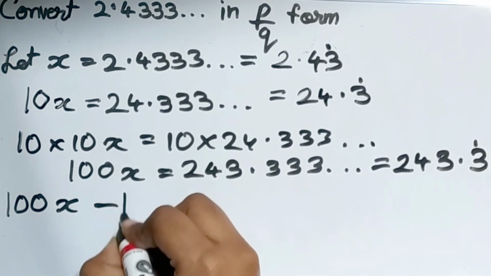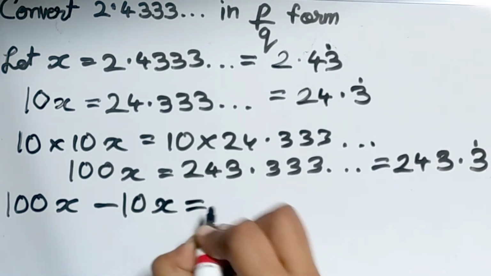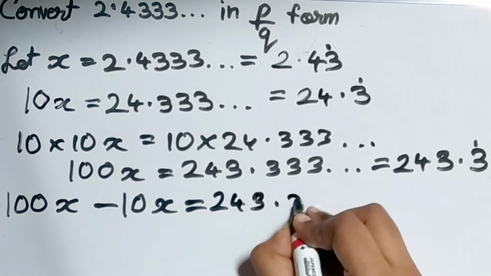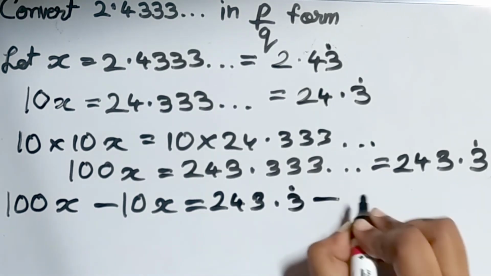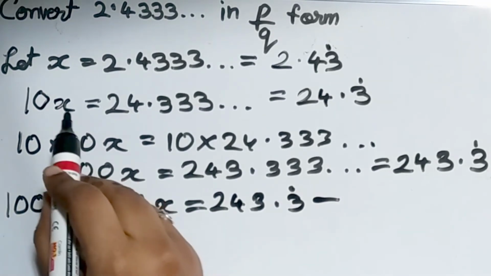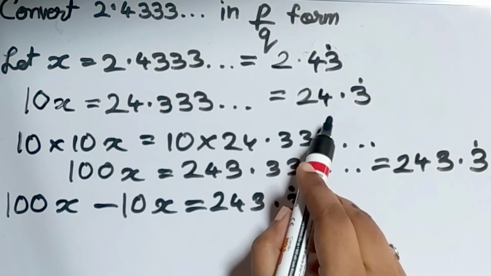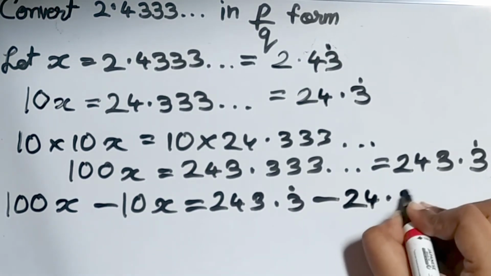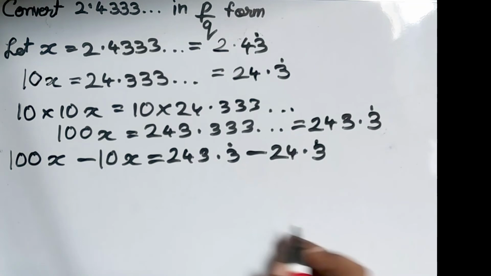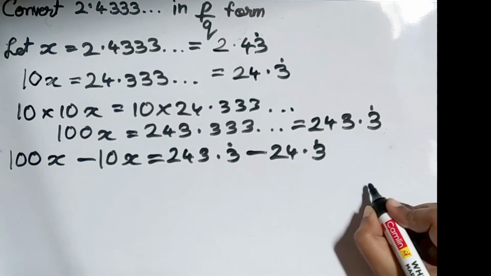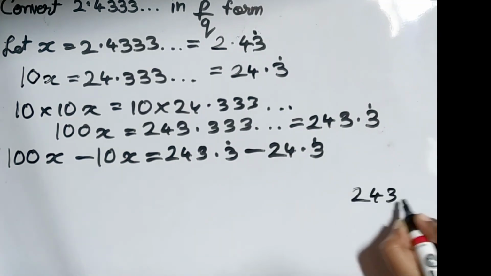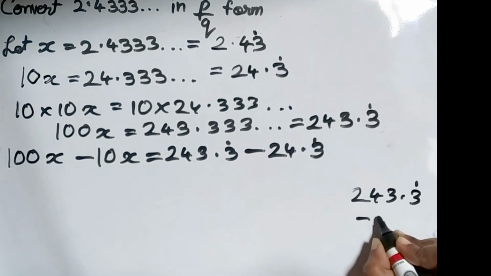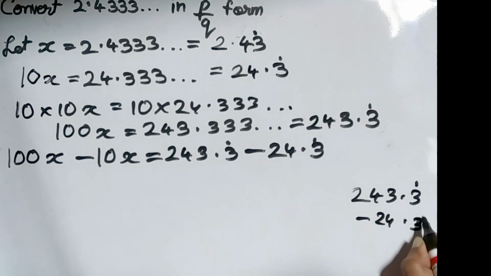So 100x minus 10x. What is 100x? 243 point recurring 3 minus 10x. What is 10x? 10x is this value, that is 24.3 minus 24.3. If we do this subtraction, what will we get? 243.3 recurring 3 minus 24.3.